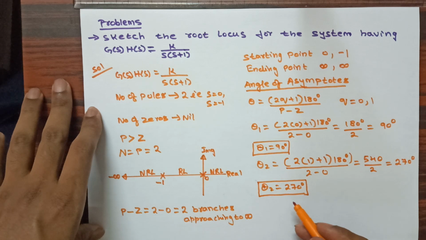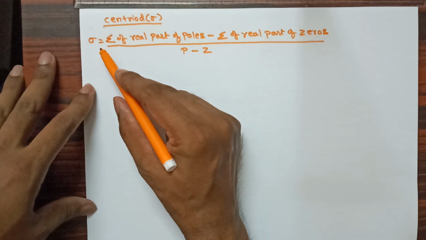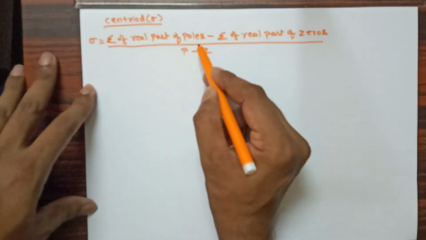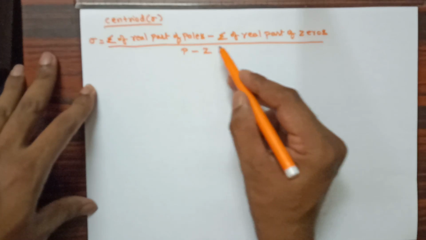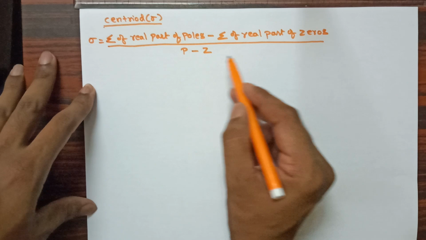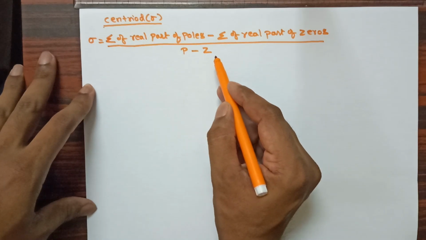Next, to draw these angles of asymptotes on the real axis, I need to consider a point that we call the centroid. To find the centroid, we know the formula sigma is equivalent to summation of real part of poles minus summation of real part of zeros divided by number of poles minus number of zeros.